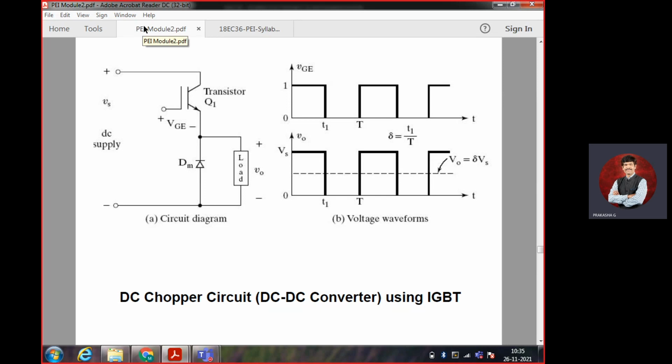What's going to happen? Put it in the equation, check it out. V naught average is equal to 10 volts into 5 divided by 10. How much do you get? You will get 10 only? Sure?